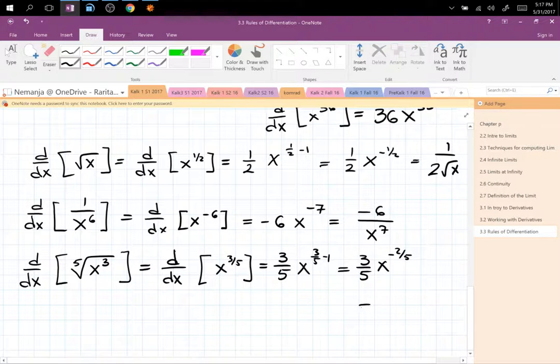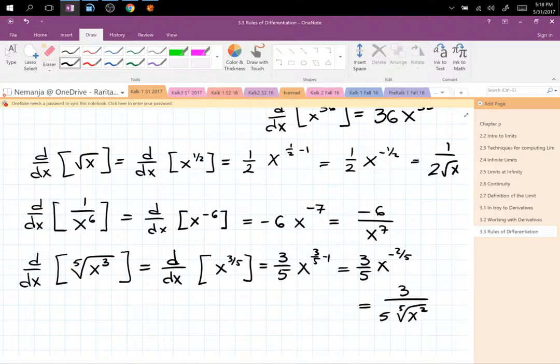Now, if you want to be fancy, the negative 2 exponent is going down, and the 5th is the 5th root. So you have 3 over 5 5th roots of x squared. So the negative exponent pushes it in the denominator, and the denominator in the exponent is making it a root.